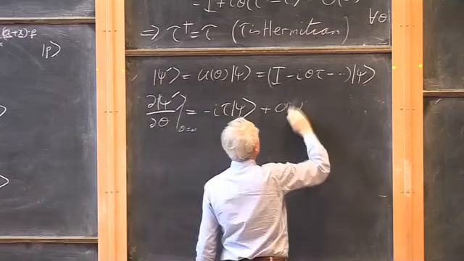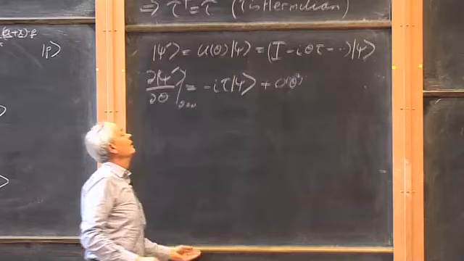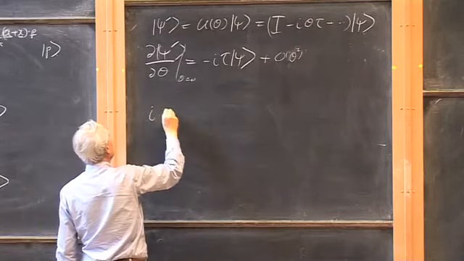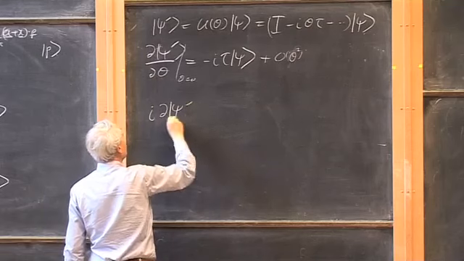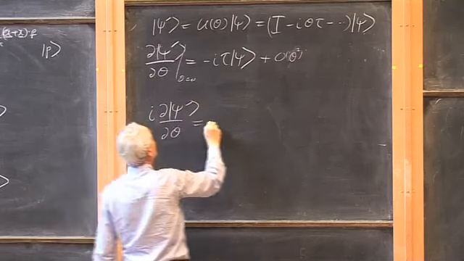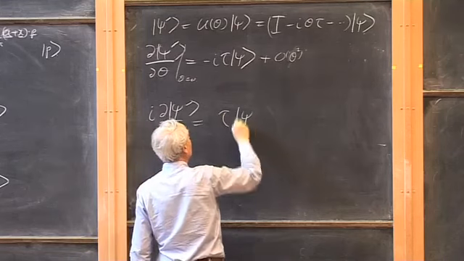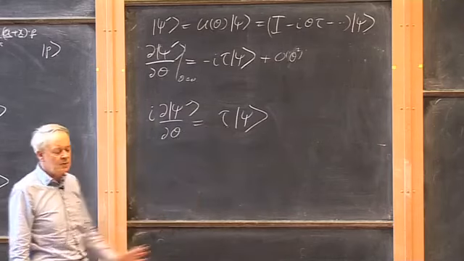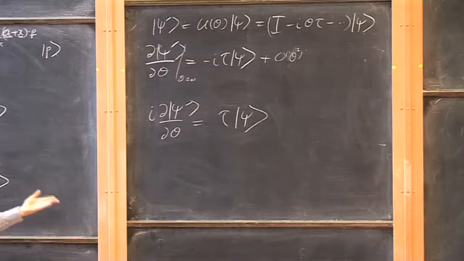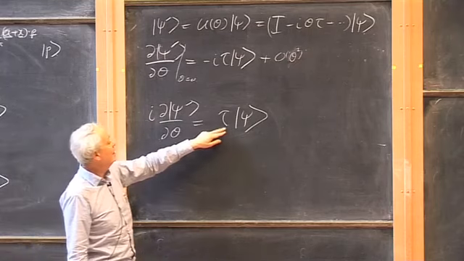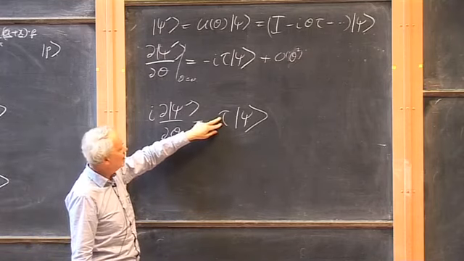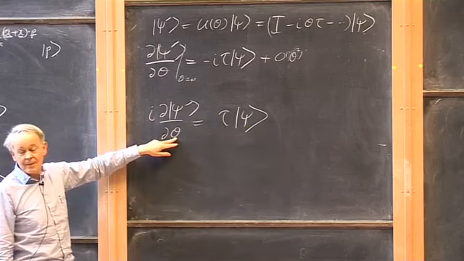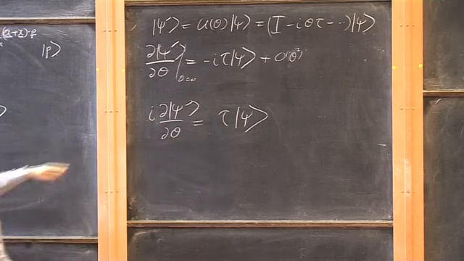And multiplying this equation through by i, we get a very important equation: i d psi primed by d theta is equal to tau psi. So the Hermitian operator tau, which will turn out to be connected to some observable in every case, measures the rate of change of your states when you change the parameter theta.